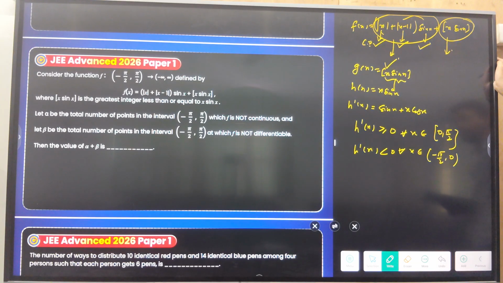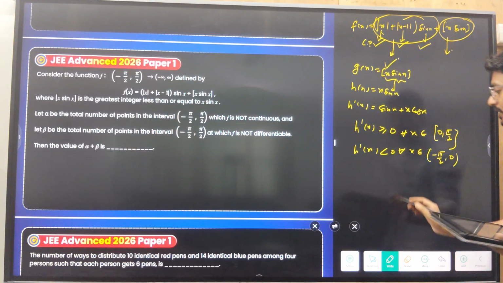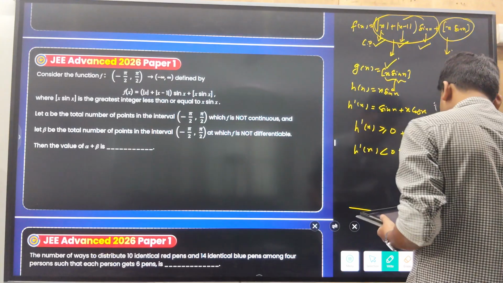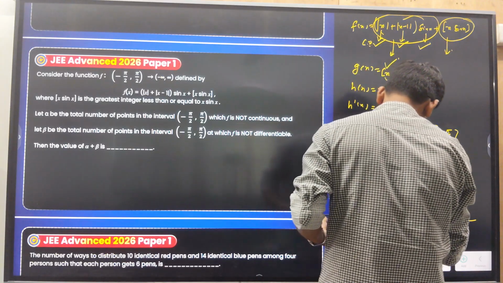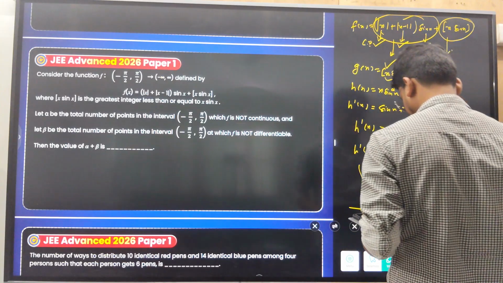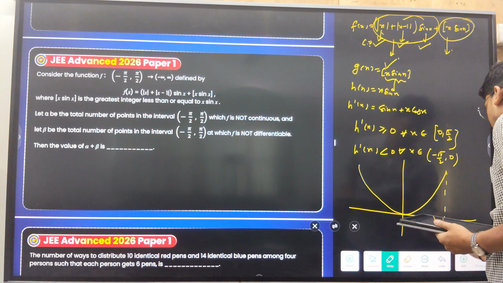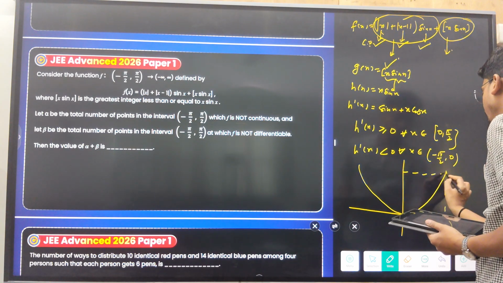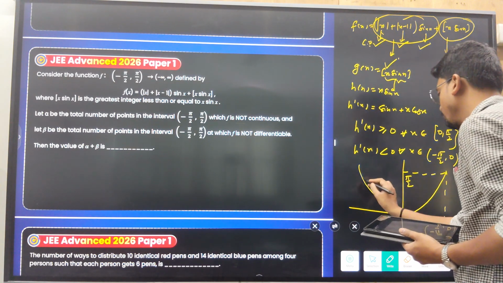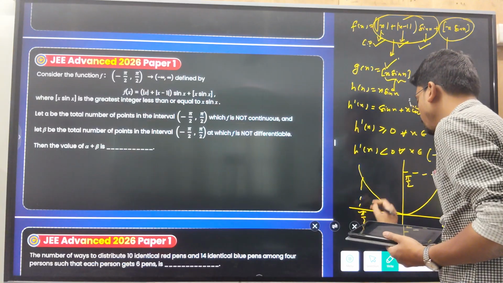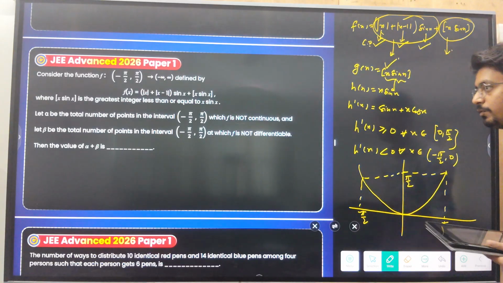At pi by 2 the value of h(x) is pi by 2, and at minus pi by 2 also the value is pi by 2. So the graph of h(x) goes like this.